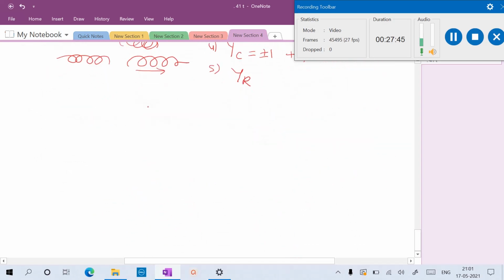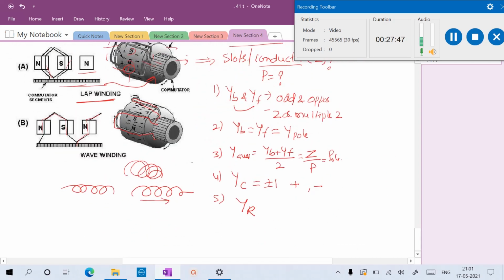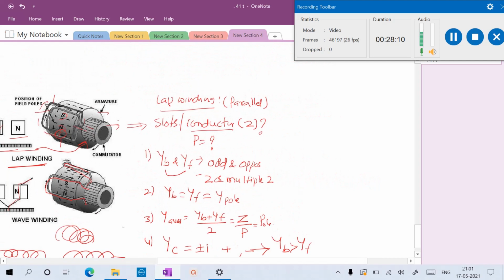We can write it as back pitch minus front pitch, which gives us the pitch. In this case, whether it is progressive or retrogressive we have already seen. Here, if you observe, if YB is greater than YF, that means, for example, YB is an odd number now.